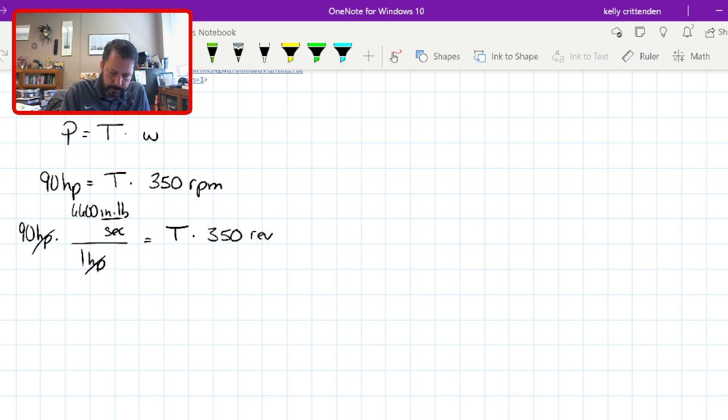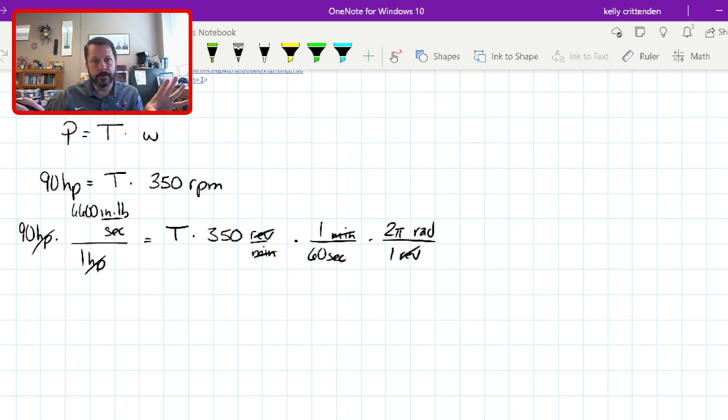I'm going to write it as revolutions per minute times 1 minute is 60 seconds, and 1 revolution is 2 pi radians. So now my numbers on both sides are equal unit-wise, and I can solve for torque.